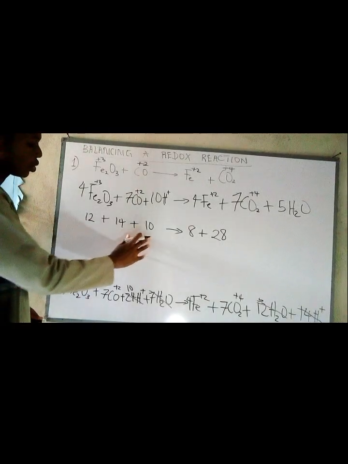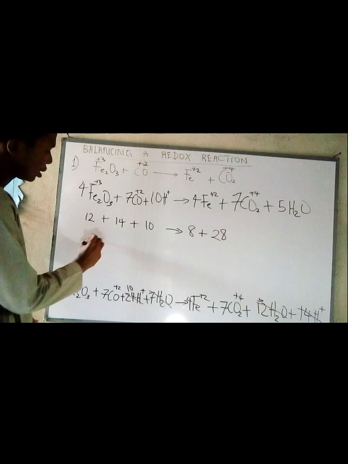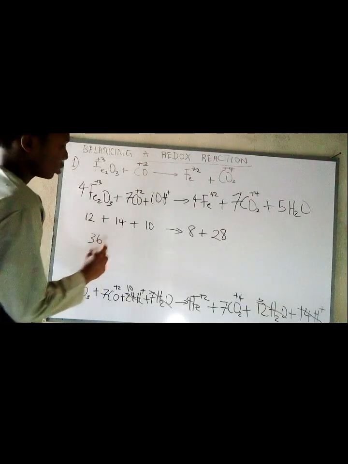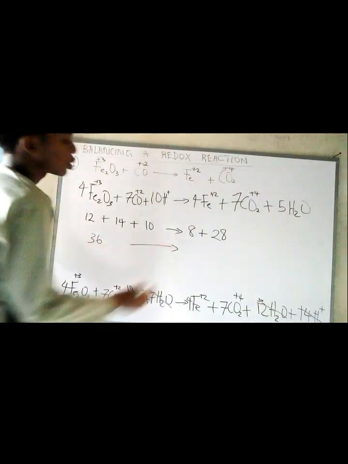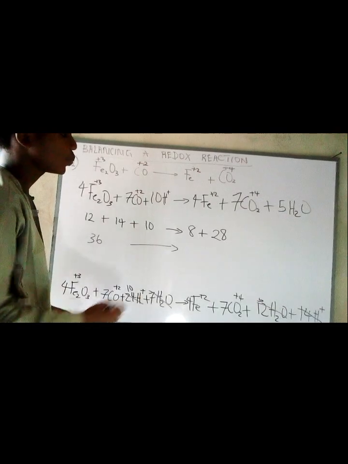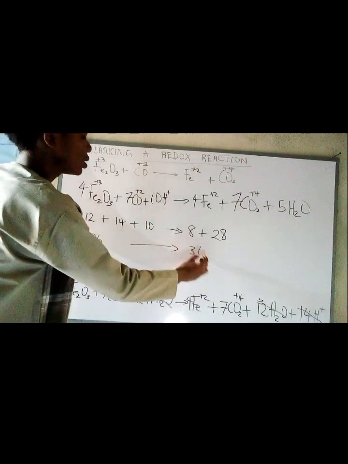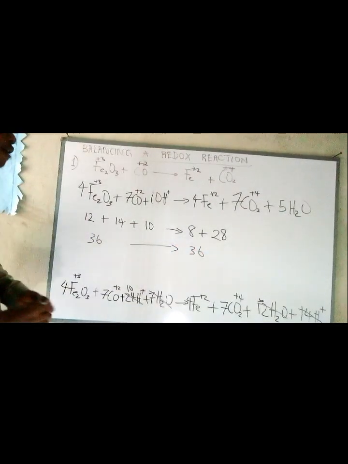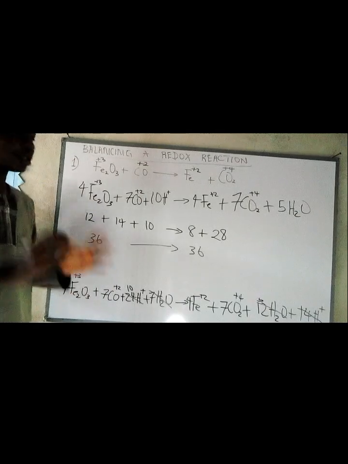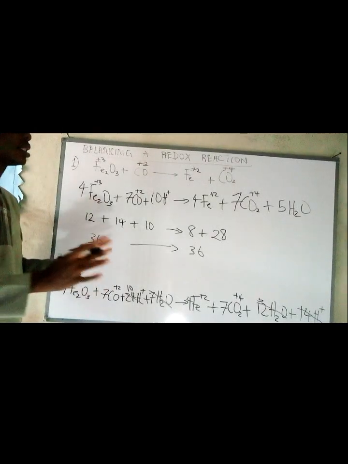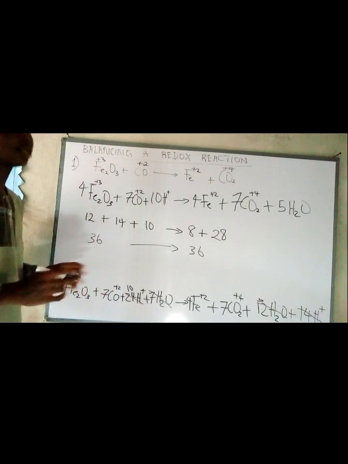This plus this, we have 36. We have 36 to give us what? 28 plus 8, we have 36. Okay, now we have checked it and it's correct. So we have balanced this equation correctly.